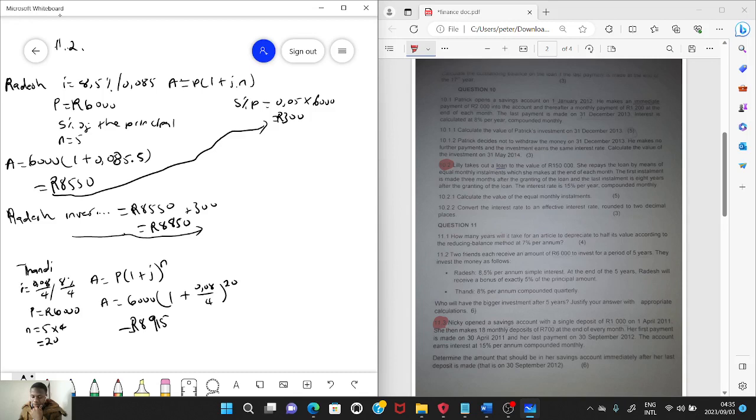Now, between Tandy's money and Rajesh's money, which one is bigger? Which one has a bigger investment? We can see that 8,900 is greater than 8,800. So therefore, Tandy has a bigger investment.